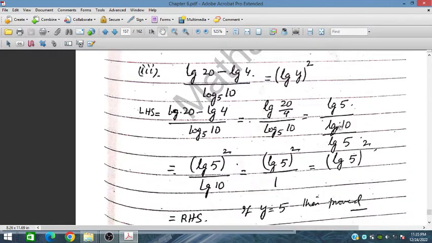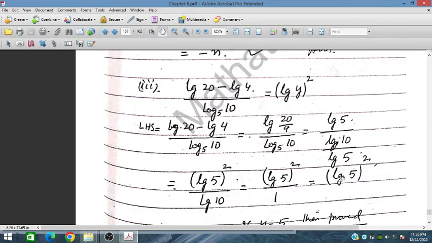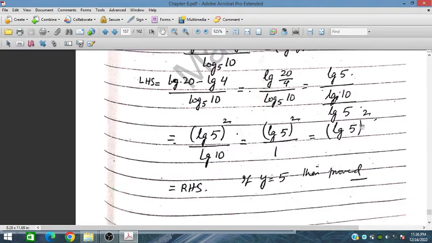So by this, the log 5 in the denominator will appear in the numerator, so it becomes power square, and this is log 10. This log 10 is basically 1, so log 5 square is log 5 2. So that is basically our y is equal to 5. Then it proves that the value will be 5. So this is y.